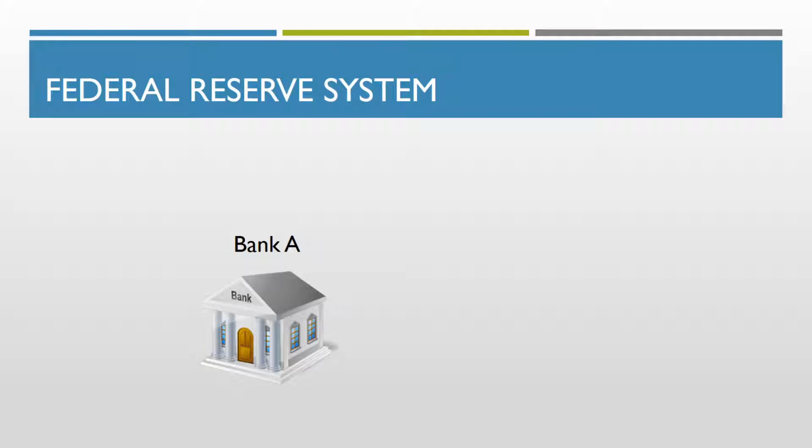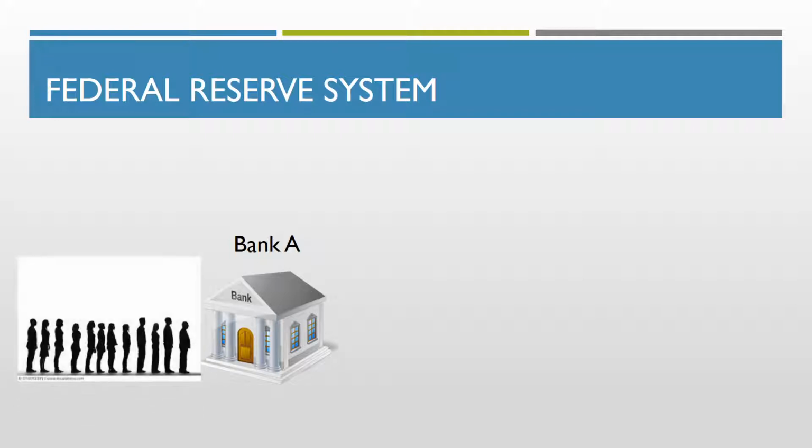For example, a bank can run into a problem like this. When the bank one day has all these depositors coming in and trying to withdraw their deposits, it's not necessarily true that the bank will have enough money to pay back the depositors. In this case, we call this a bank run.